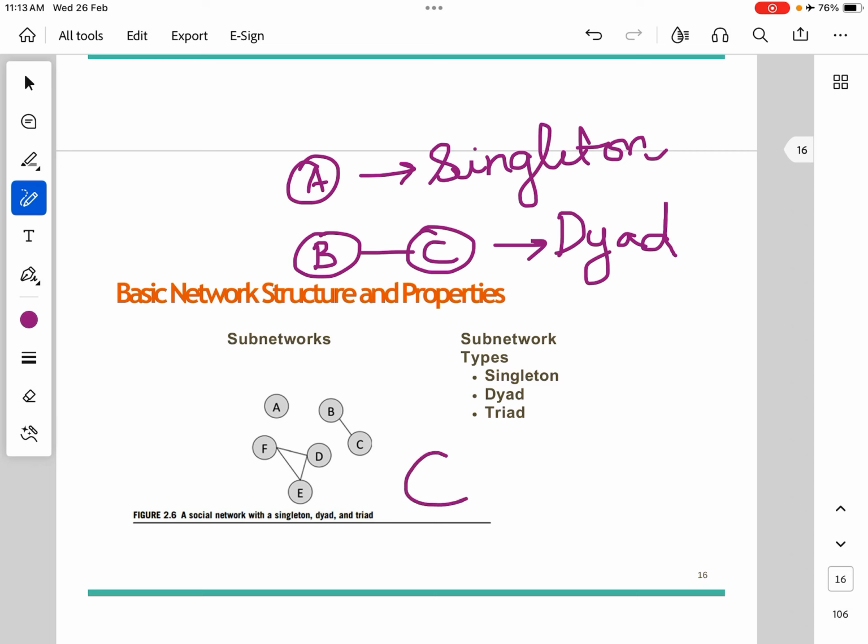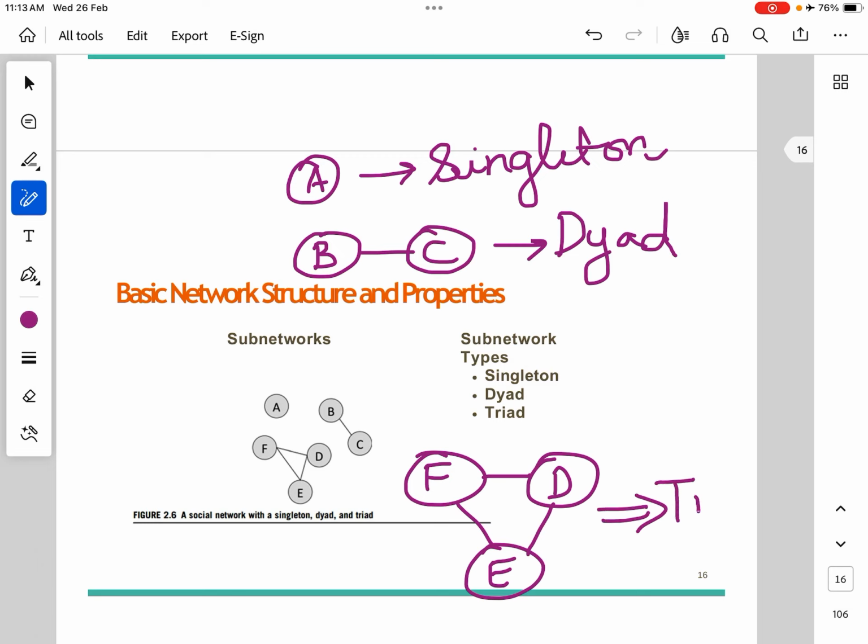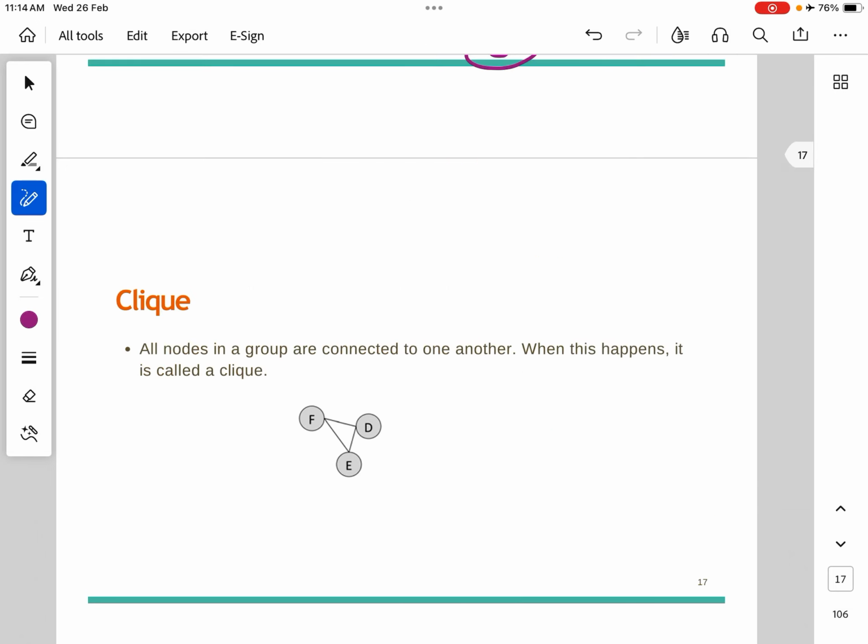And when there are 3 nodes F, D, E which are connected with each other in the form of a triangle structure, it is called a triad. So these are the subnetworks. There are 3: singleton, dyad and triad.